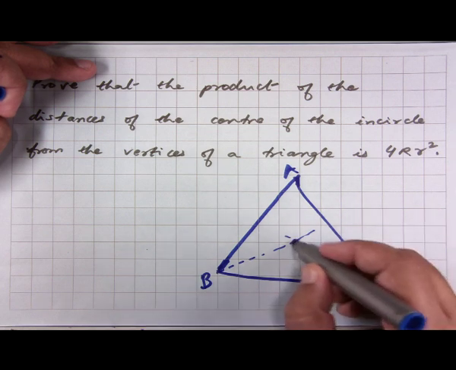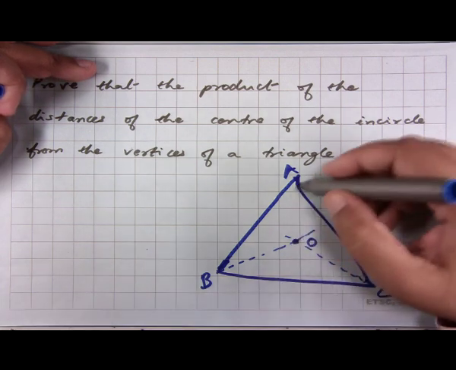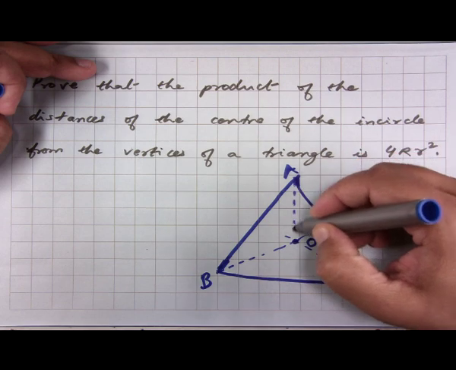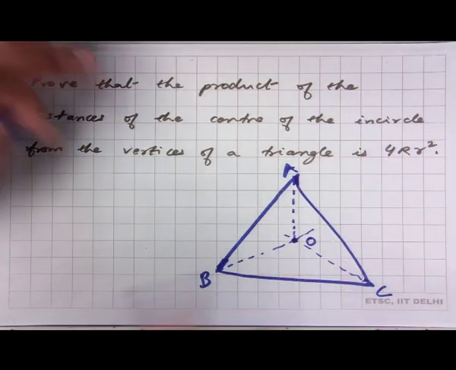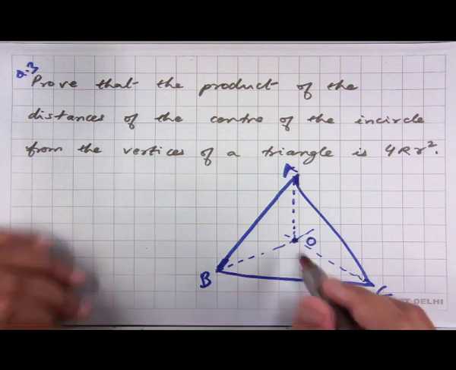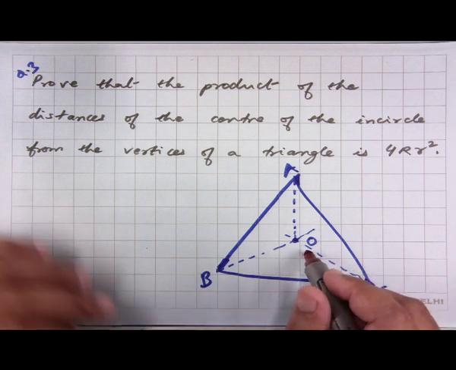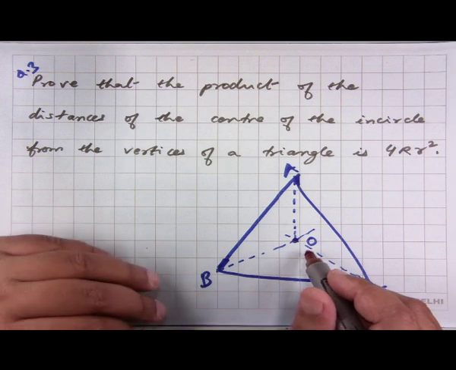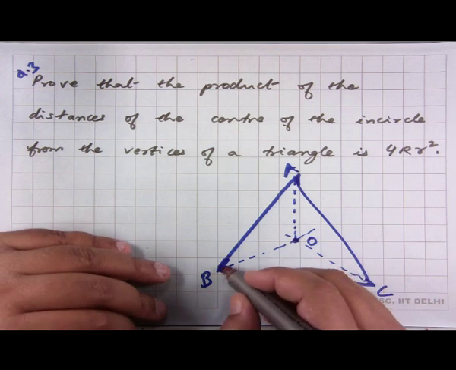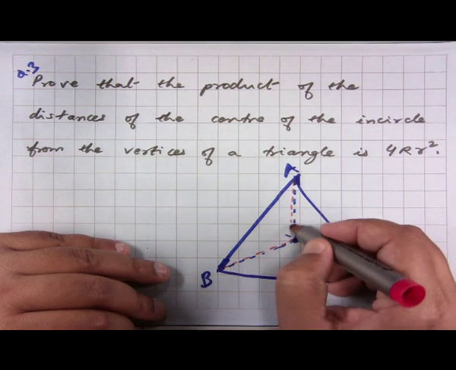So, then this point here is the incenter, and therefore these are the distances. So, let me mark them in red. The distances of the incenter O from the vertices of the triangle are marked in red. So, these are the distances.